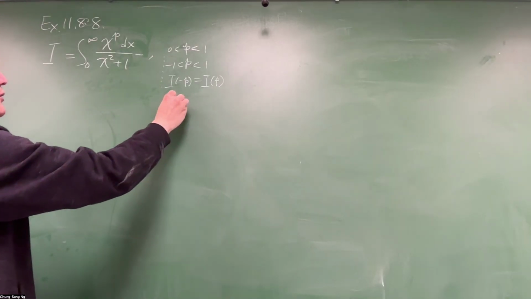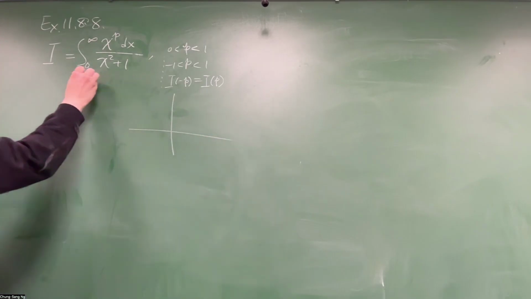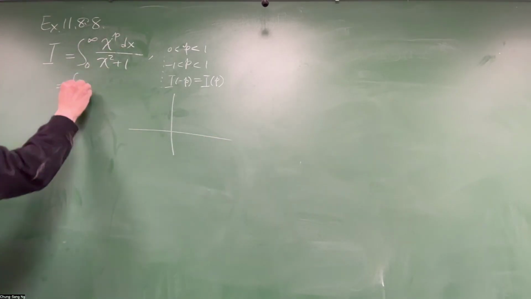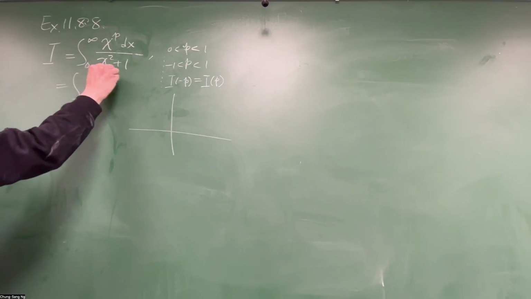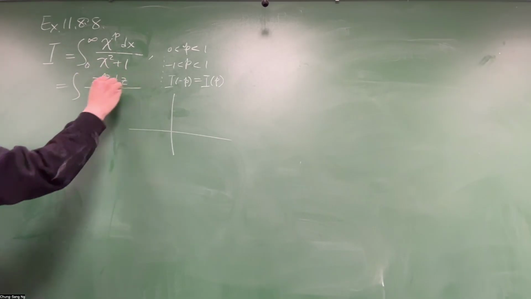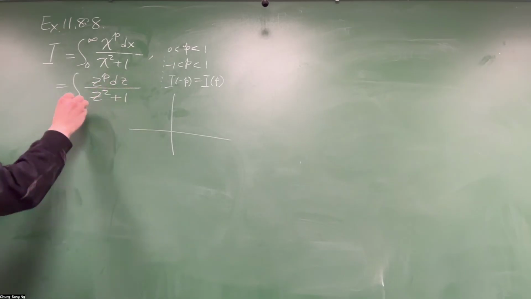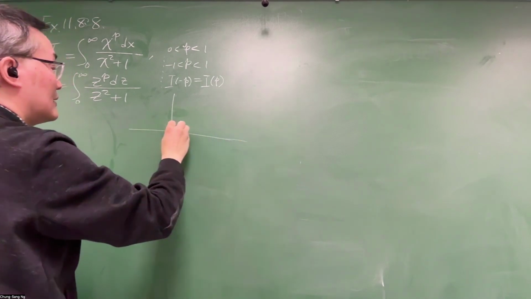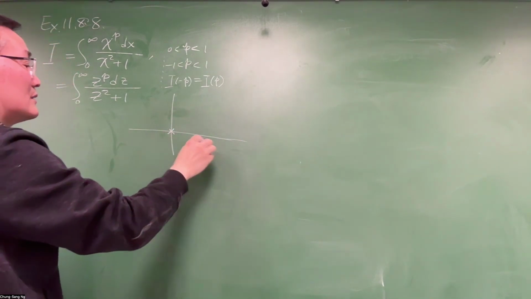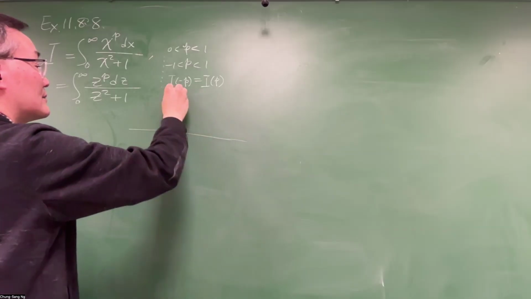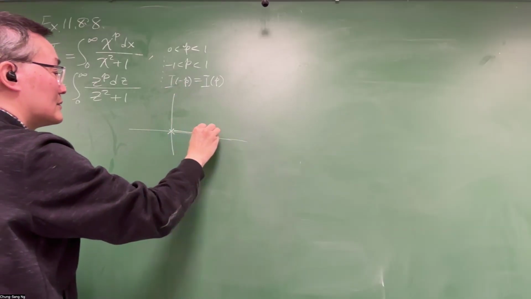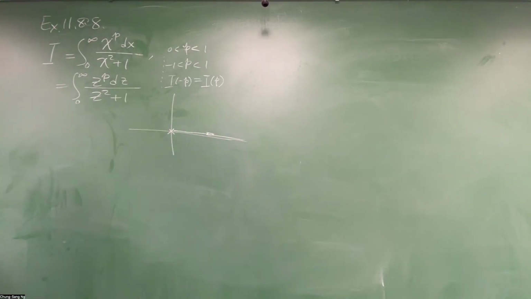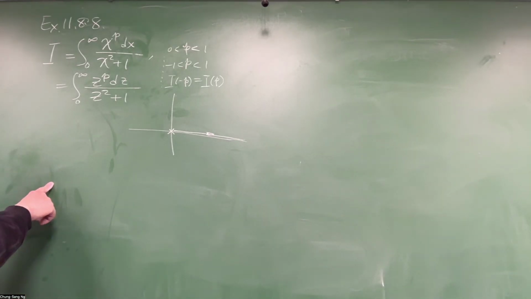Let's figure out the contour. So first you change everything to z to the p. This is first along the x-axis, right? But there's a branch point. You want to go along the axis, this integral, and now you want to find a closed contour.